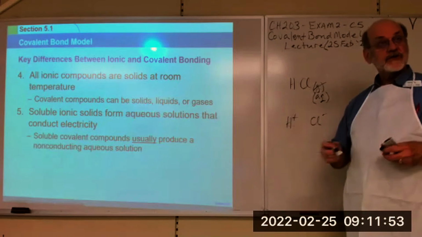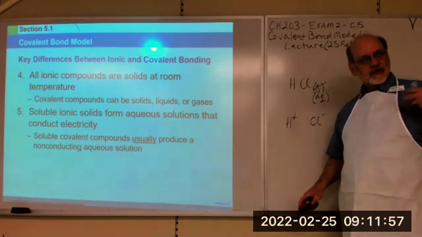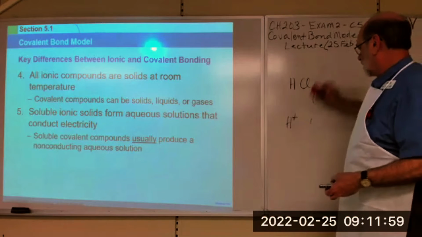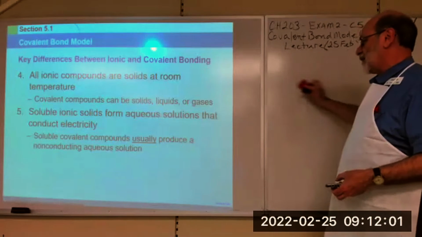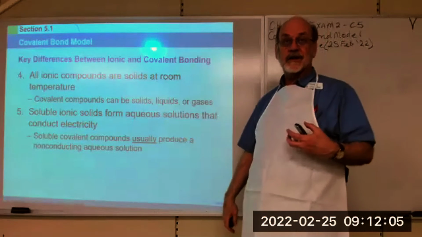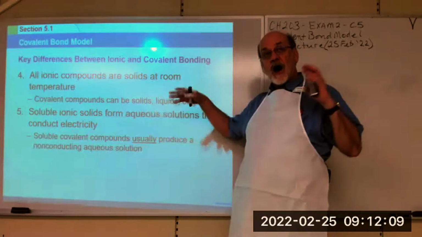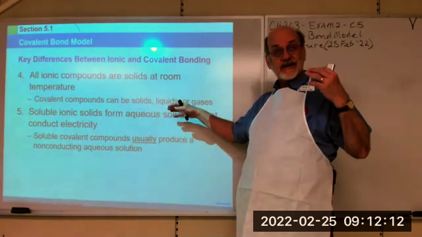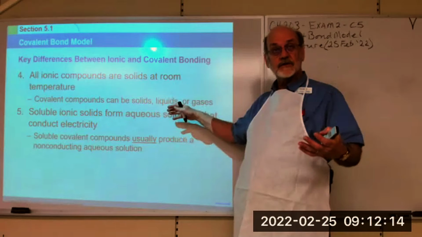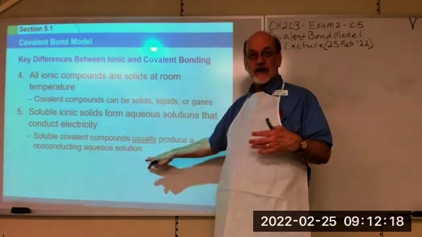It will conduct electricity. So it might be a covalent compound, but that's one example of a covalent compound that dissolved in water will conduct electricity. So whereas ionic solids always conduct electricity if they dissolve in aqueous solution, only some covalent compounds will do that.